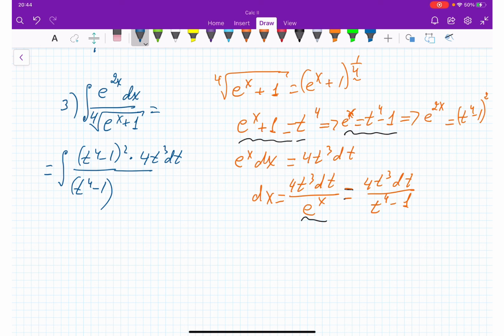And we need the radical of degree 4 of e to power x plus 1.